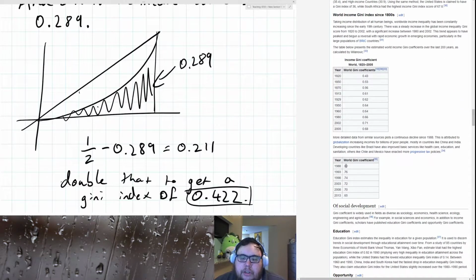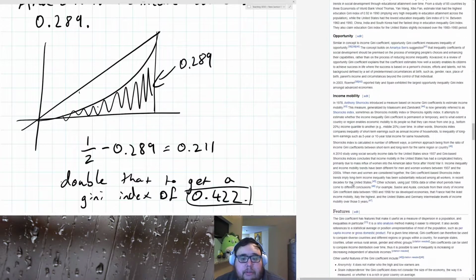So the Gini index for the entire world is currently somewhere around 0.65.